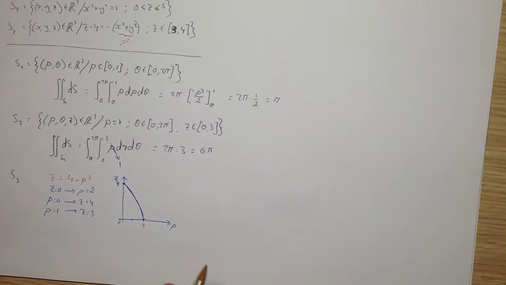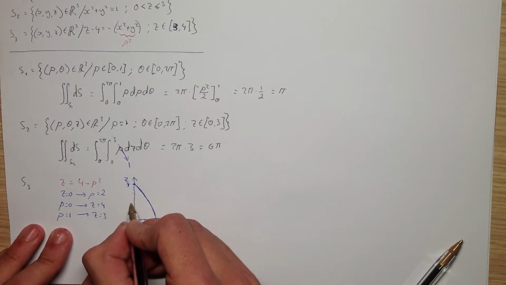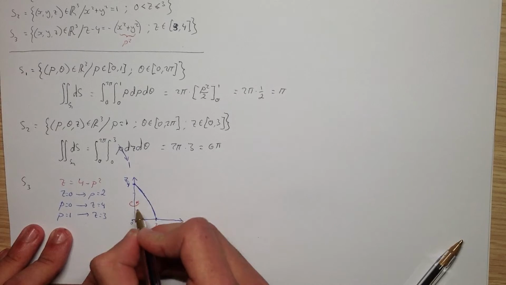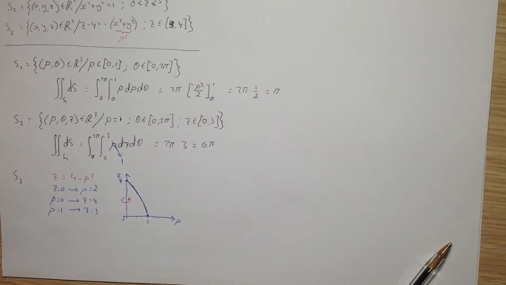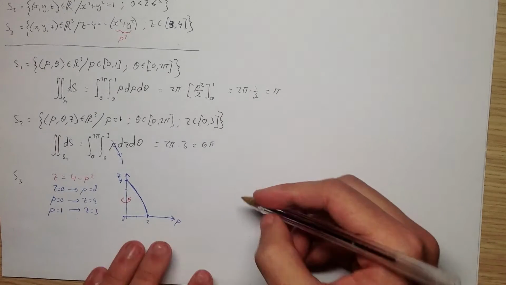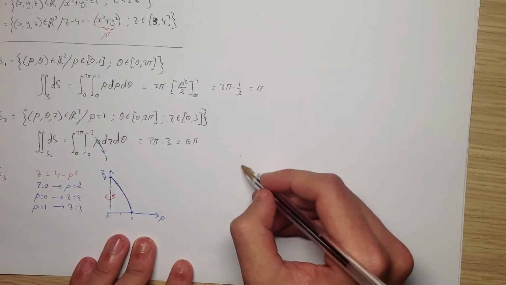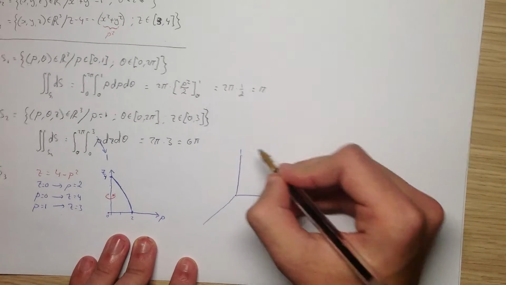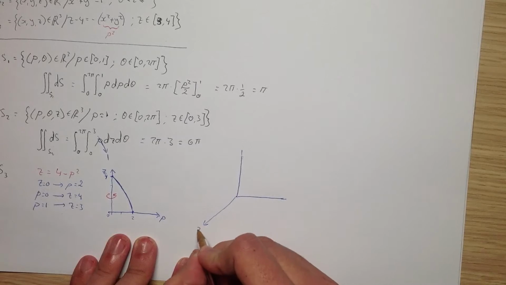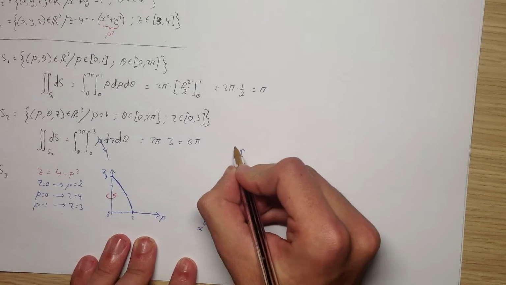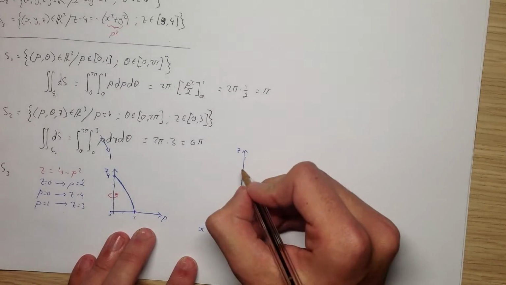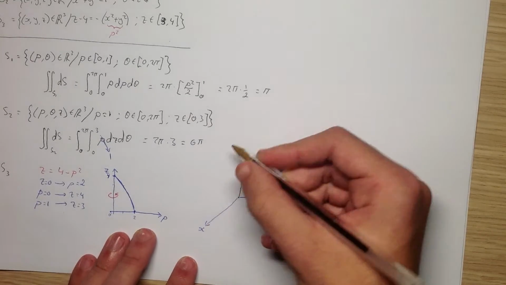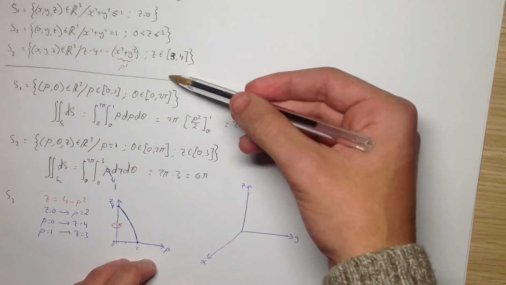As we said before, this is a revolving surface. So if it will revolve around the z-axis, how will this look in 3 dimensions? Well, it will look something like this. We'll do a 3D graph. X, Y, Z. And let's see, it says Z goes from 3 to 4.